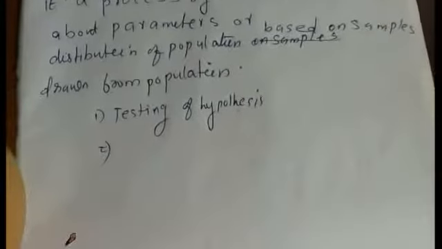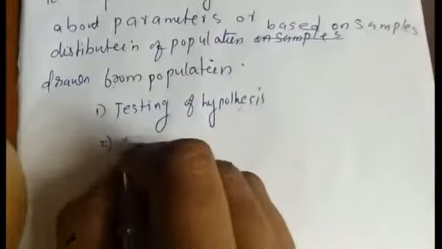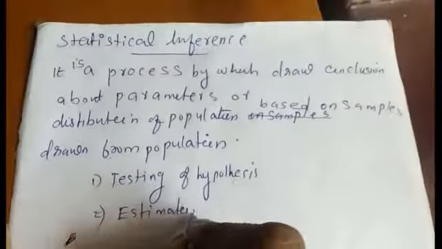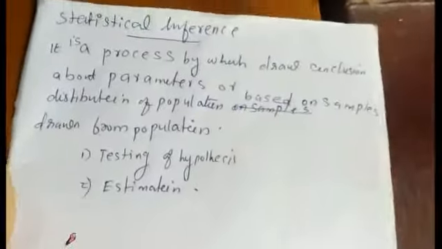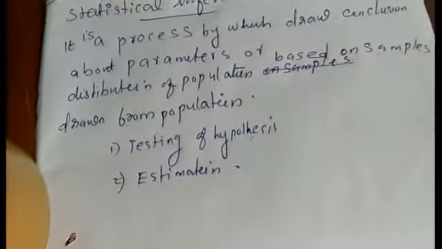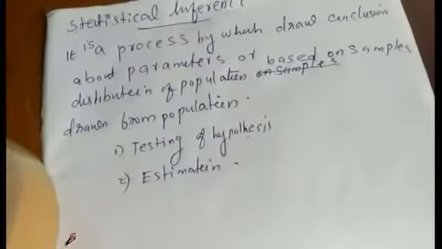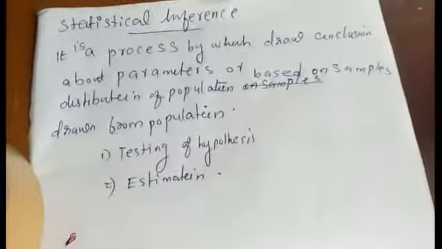There are two types of statistical inference: one is testing of hypothesis, and the second is estimation.